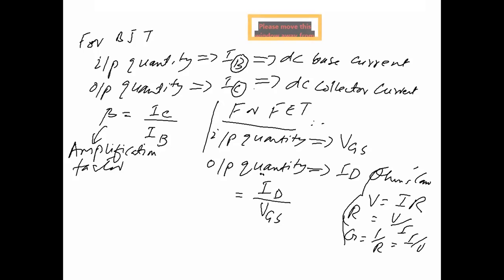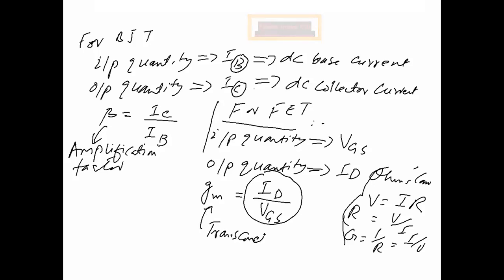So this is called conductance, but here ID is the output quantity and VGS is the input quantity. So we use the term transconductance, and this is represented by gm. This quantity is called transconductance.